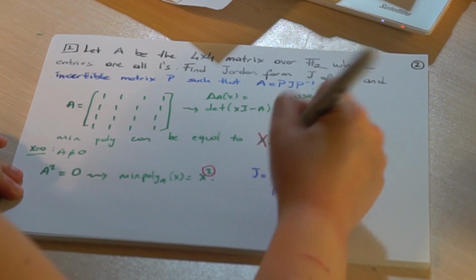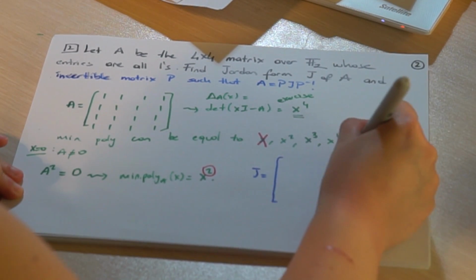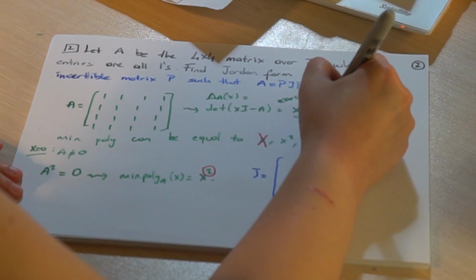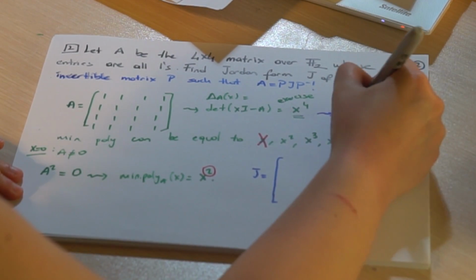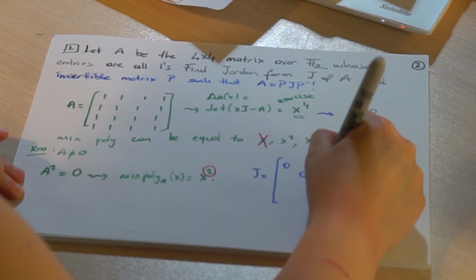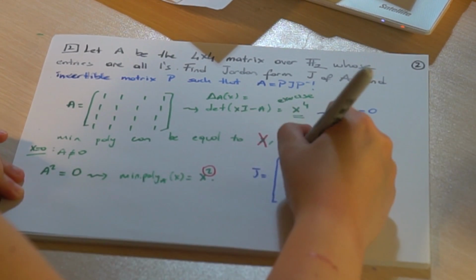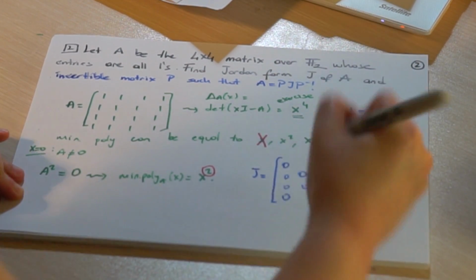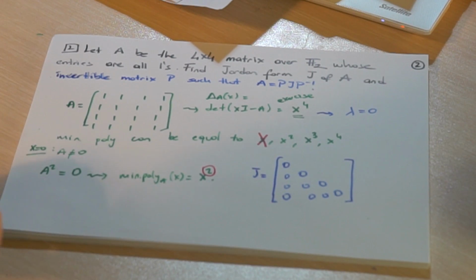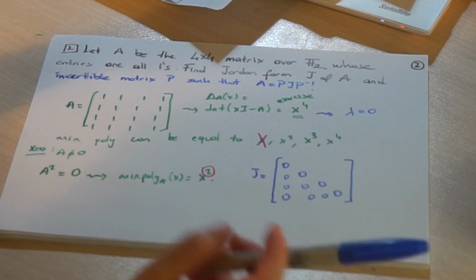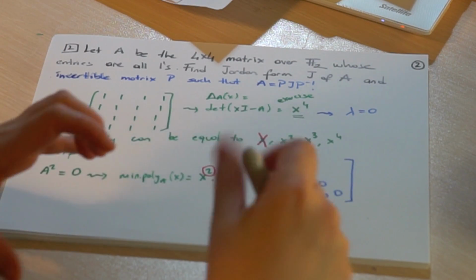J will be equal to, now since there is only one eigenvalue, which is 0, in the diagonal we will have 0, 0, 0, 0, right? Below the diagonal we will have again zeros. Now above the diagonal we will have blocks, right?